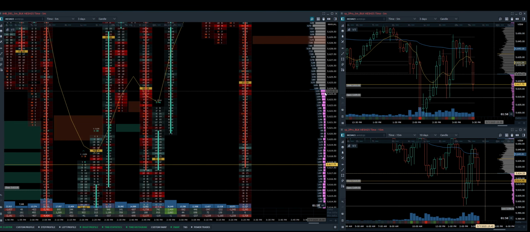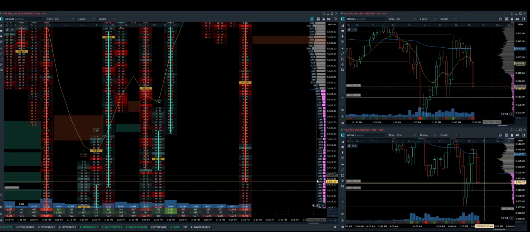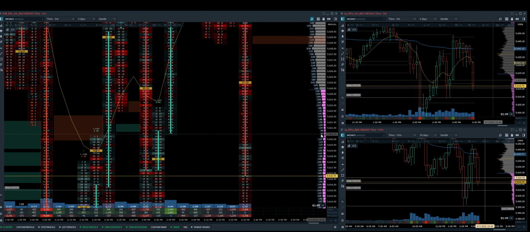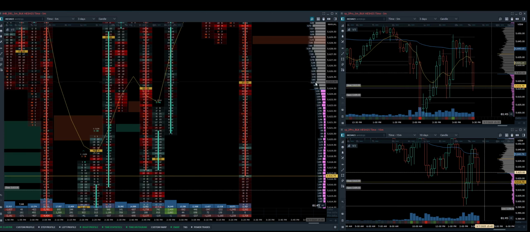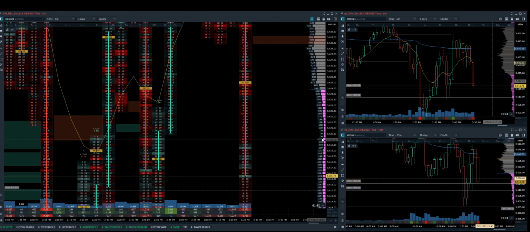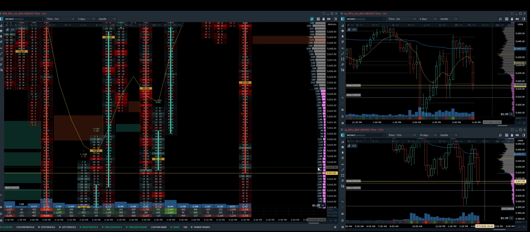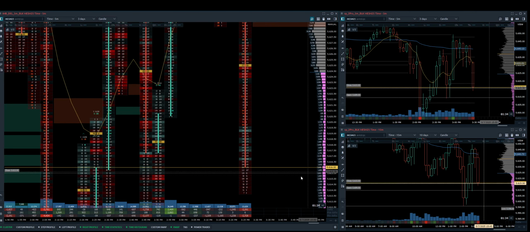So we're in the lower half right now of the volume profile where a lot of opportunity could be, but a very low amount of volume compared to these areas. 1,000 over here, you've got less than 1,000, 2,000. So not much trading has occurred here.